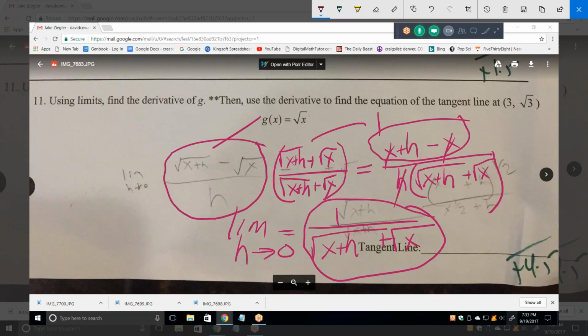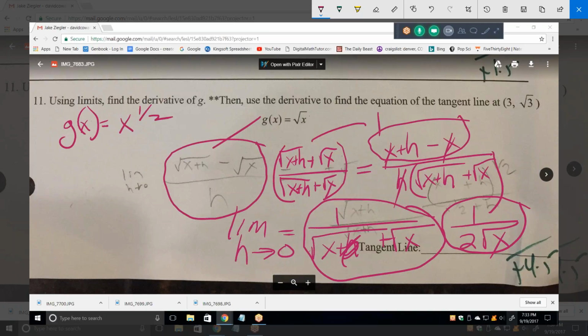1 over the square root of 2x? 1 over 2 square roots of x. Yeah. In other words, this goes away, and we have square root of x plus square root of x. That's 2 square roots of x. So that's the derivative function. Now let's just make sure the power rule gives us the same thing.